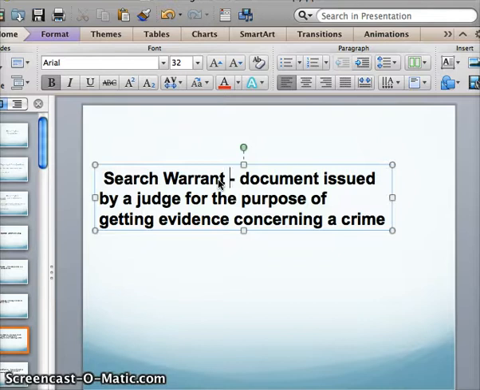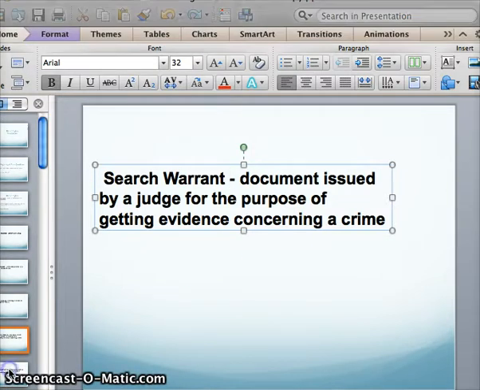This protects people from just random searches of their house. It protects people from having the police go door to door and just looking for anything that might be illegal. And this is found in the Fourth Amendment: in order for your house to be searched, a search warrant is needed.